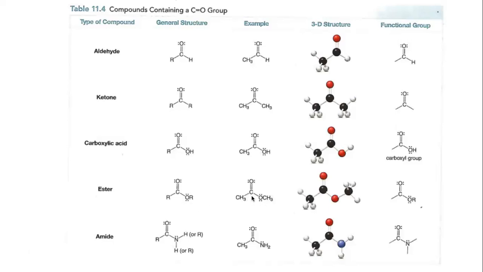So this carbon is sandwiched between two oxygens, and then an alkyl group, or this can be different. For this example, it's CH3, but it could be a completely long chain of molecules. But you just want to be able to identify. I always like to think of this carbon that's sandwiched between two oxygens. And then the last is our amide group. So this carbonyl carbon is attached to an oxygen and also a nitrogen here. So the carbon is sandwiched between an oxygen and a nitrogen.